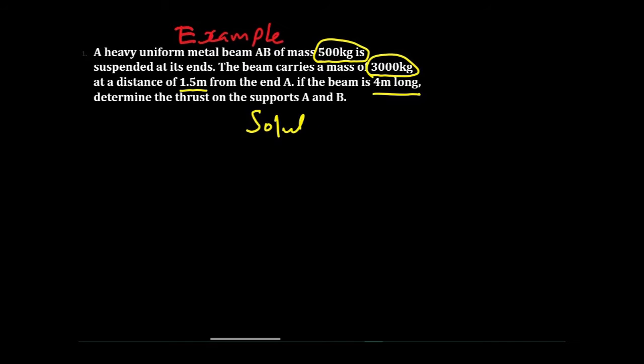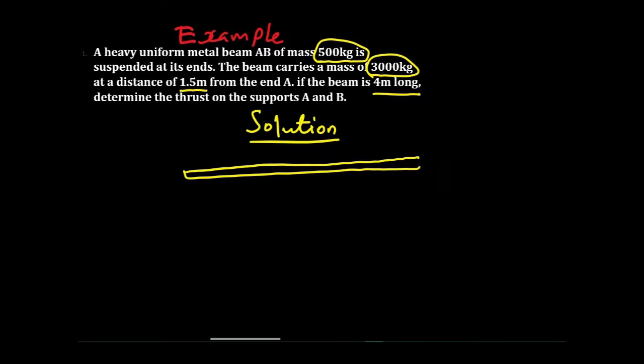So solution: you have a beam, A, B. So this is point A and this is point B. The beam has a mass of 500 kg. So we assume this is the midpoint.